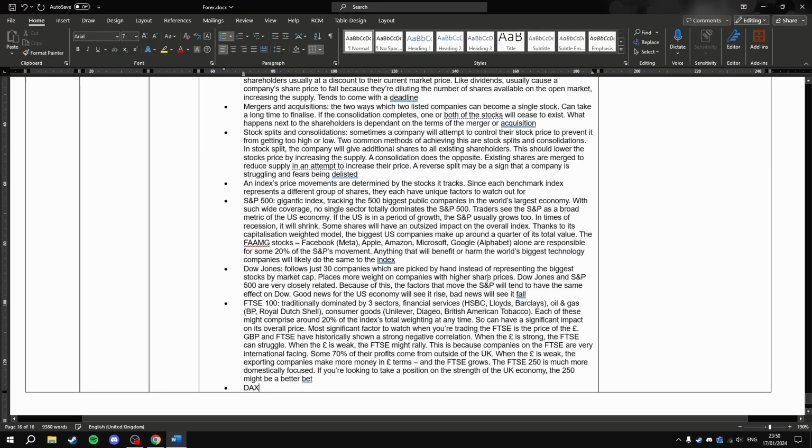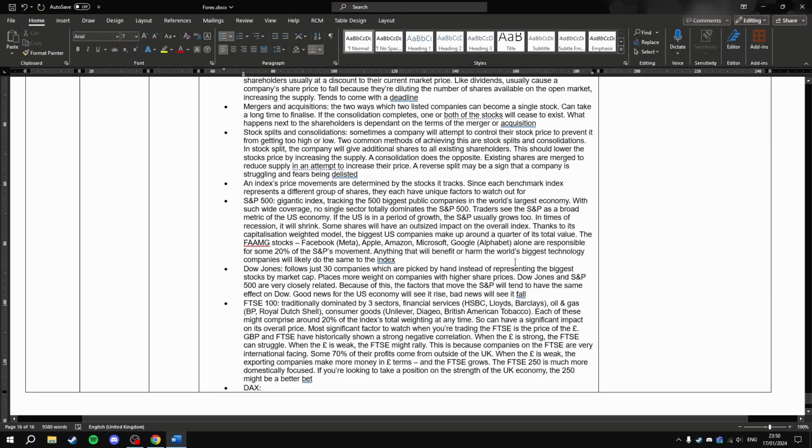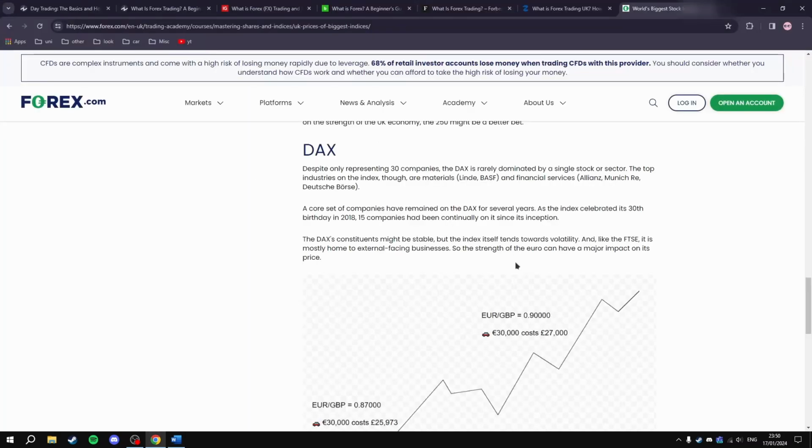DAX. Despite only representing 30 companies, the DAX is rarely dominated by a single stock or sector.